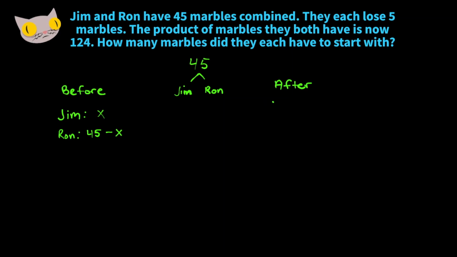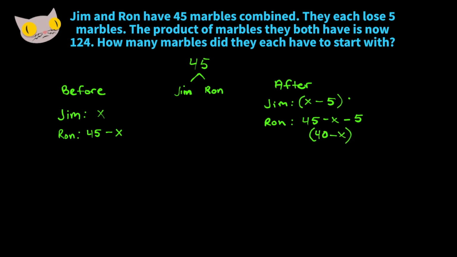After losing the marbles, we'll say Jim has X minus the 5 lost marbles. And Ron now has 45 minus X minus the 5 marbles. Or we can just say 40 minus X.